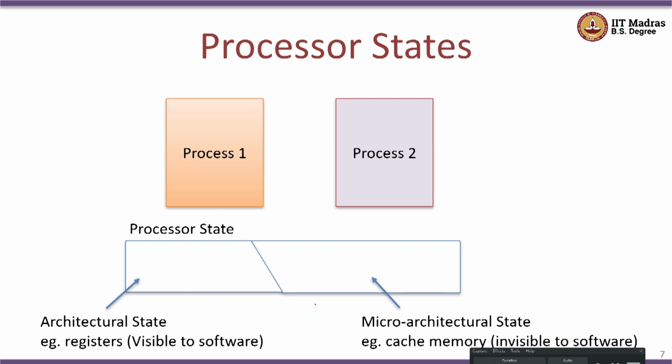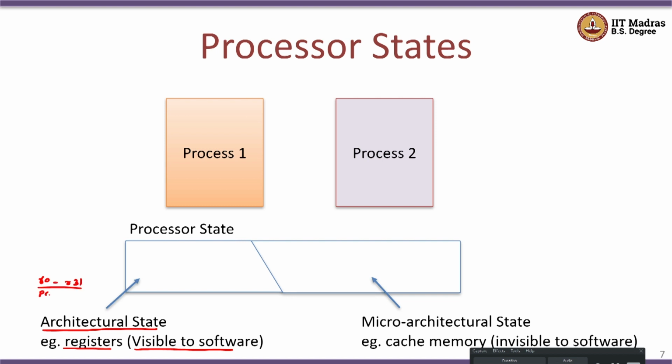So, at a very high level, the entire processor state can be divided into two parts. One is called the architectural state, which comprises the registers and flags and other control status registers, and this is typically visible to the software. So, the registers, for instance, in a RISC-V processor, such as R0 to R31, are your general purpose registers.